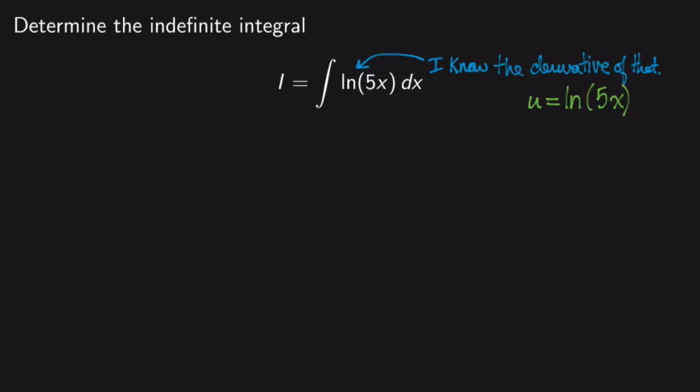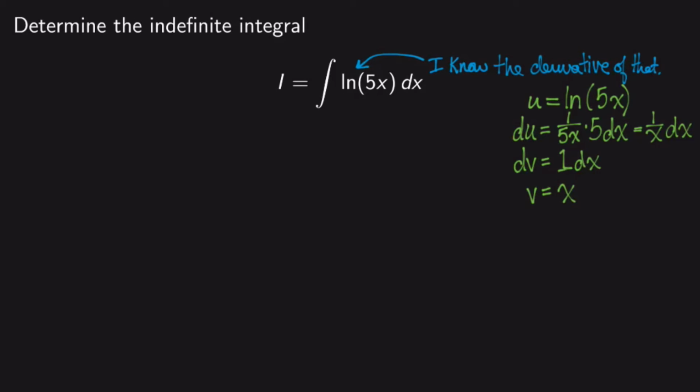And you're thinking, but wait, there's nothing left to pick for dv. And that's not 100% true, because dv, there is a dx here that we would pick, and there doesn't have to be anything else. It can be just 1 times dx or just dx. And the great thing about that is v is really easy to compute. It's just going to be x.